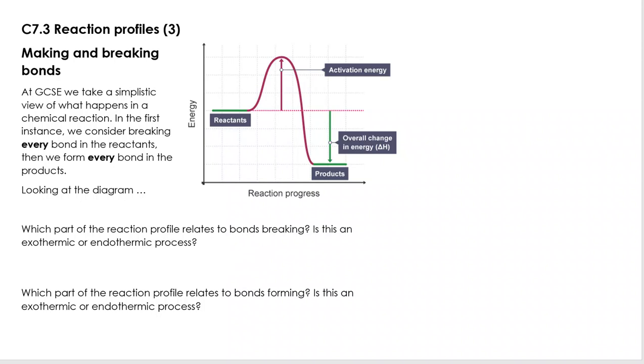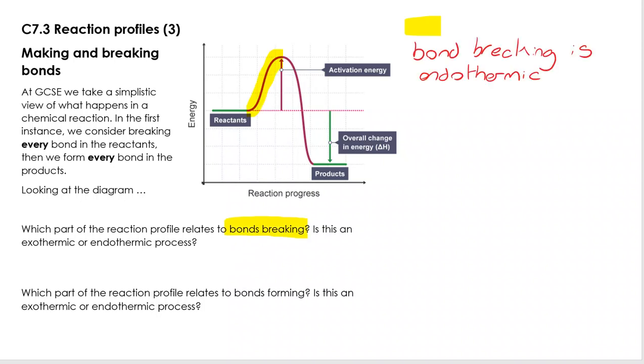Well, the bit that relates to bond breaking is an endothermic process. Think about it. If you break something, if you snap a pencil, you have to put energy in. If you break a bond, you have to put energy in. We know that endothermic is taking energy from the surroundings, so the endothermic process, breaking the bonds, takes us to this theoretical position where all of the atoms have been broken apart.